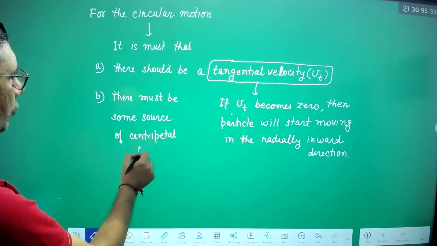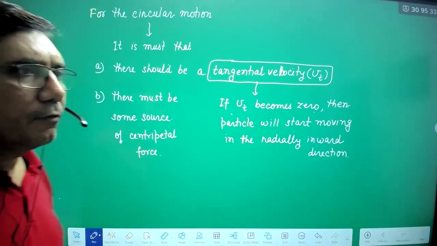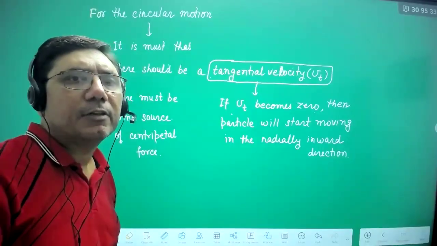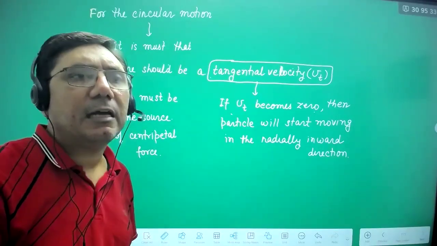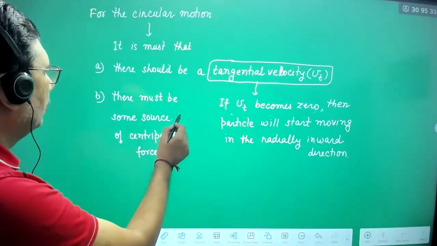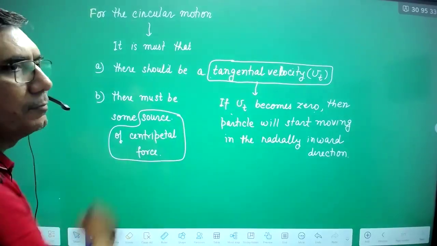If a centripetal force source is not available, circular motion is not possible. So if you want the particle to undergo some type of circular motion, it is a must that there should be some source of the centripetal force.